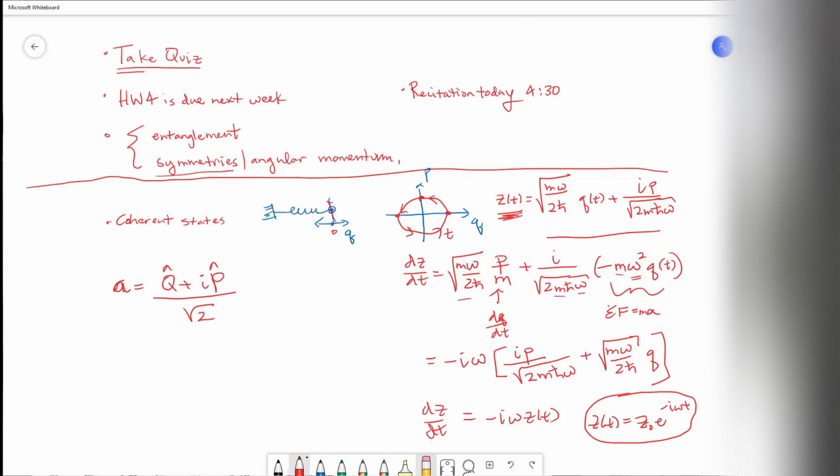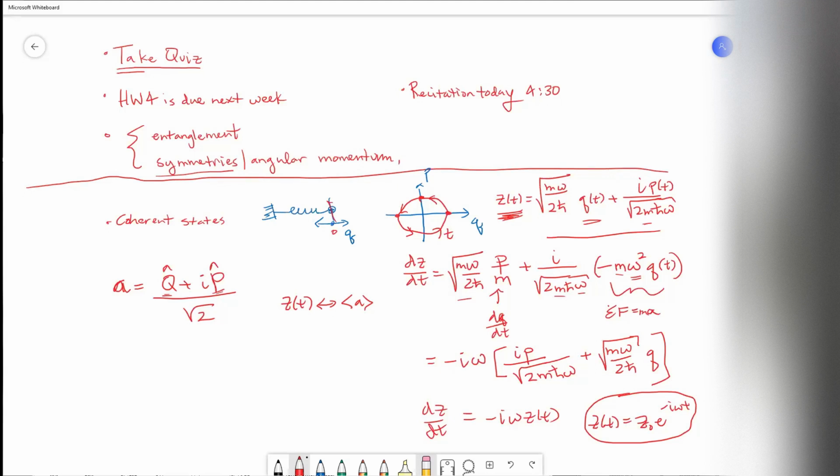Or, if you want to be more particular, z of t is what the expectation value of the annihilation operator would behave like, according to the correspondence principle. So the expectation values of these rescaled coordinates should behave like the classical quantities. So it should behave like the Z. And you can check that it does.